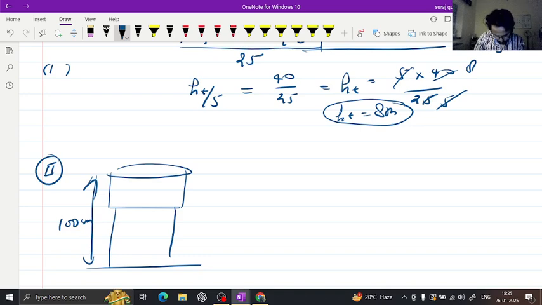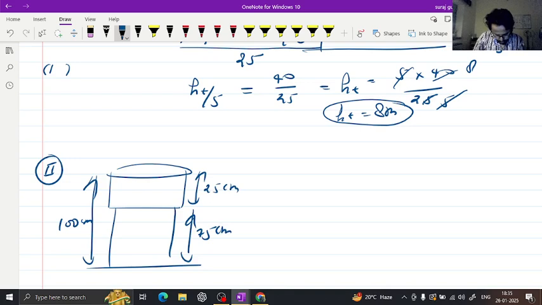Then the height of its pillar is 75 centimeter. So the height of this container is 25 centimeter, obviously.